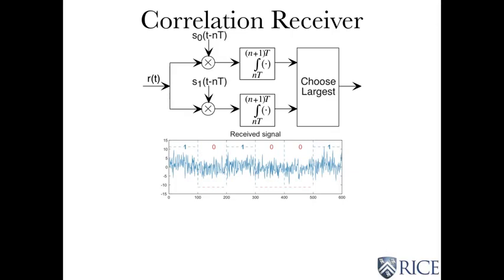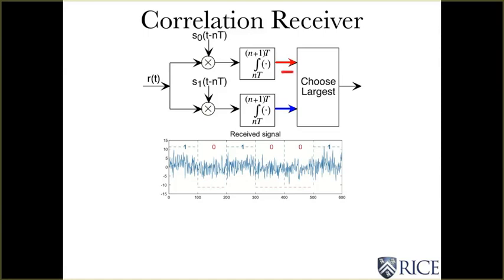I want to show you just how good this receiver is before we get too far along. So I'm revealing for you what the bit sequence was, 101001, and it's carefully labeled here. And I show in dashed lines what the transmitted waveform looks like. What I'm about to do is plot each of these outputs here. I'm going to use a red one for the 0 part of this, and a blue for the 1 part.